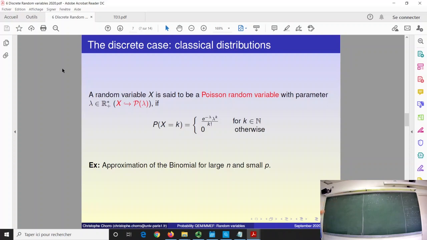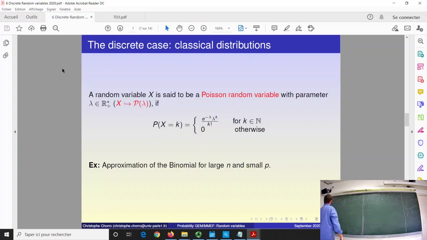So here I am in the situation where X(omega) is in the natural numbers, so I can take an infinite number of possible values. And the probability that X is equal to k is equal to exponential minus lambda, lambda to the power k over k factorial, lambda being strictly positive.